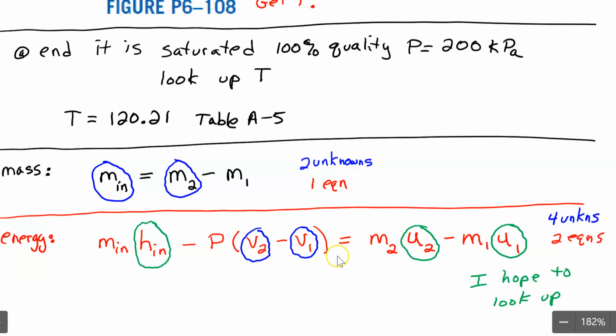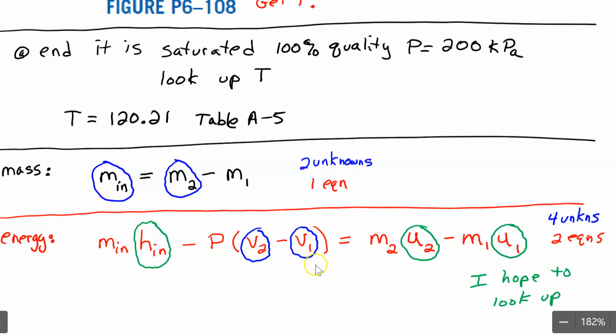So there can't be any heat that goes in or out. And that equals the final energy. So at the end, you just have mass times internal energy. No H because it's not flowing inside the system, minus the initial energy, which is the initial mass times the initial U.